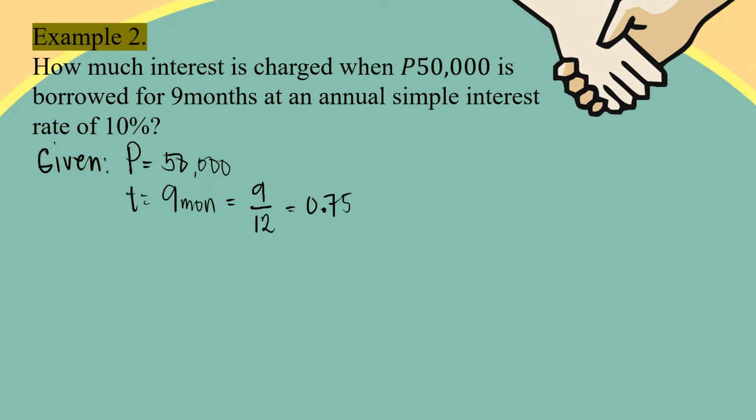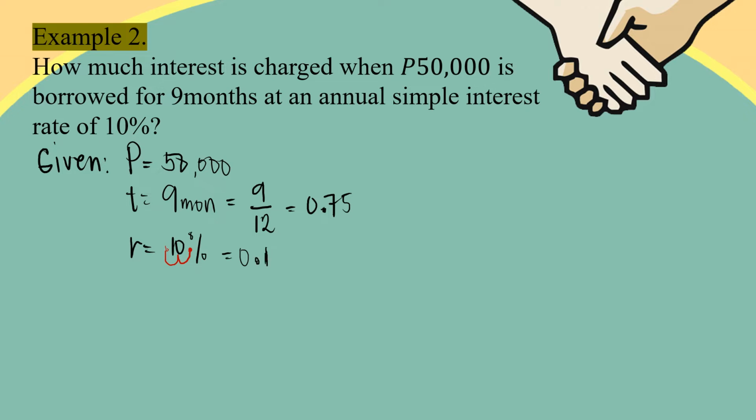So, ito ngayon yung gagamitin natin sa computation, yung 0.75. Then, yung rate natin ay si 10%. So, 10% ulit, divide natin sa 100 or move lang tayo ng dalawa. Diba, ang point ng 10 nandito. Okay, so move tayo ng dalawa, magiging 0.1 or 0.10.